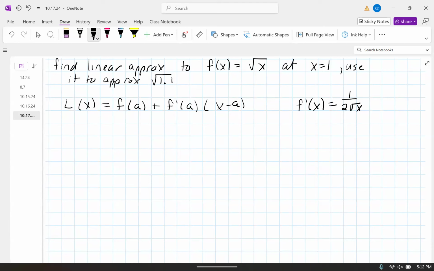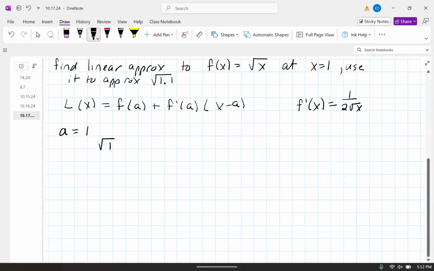That's what we get. Okay, so in this example, our a is 1. So that's the nice value. We know the square root of 1. We don't know the square root of 1.1 necessarily. So we're going to use this. F of 1, our f is root x.